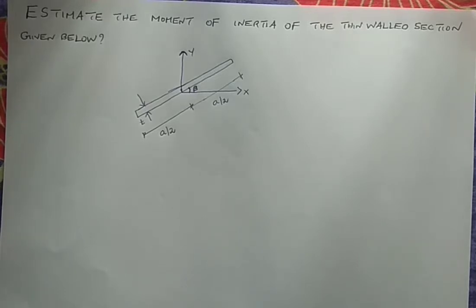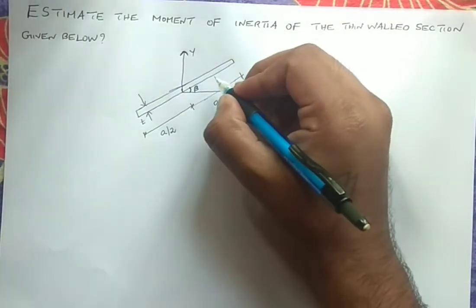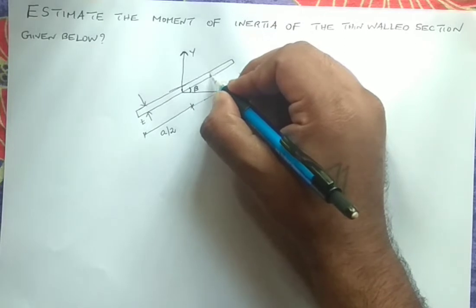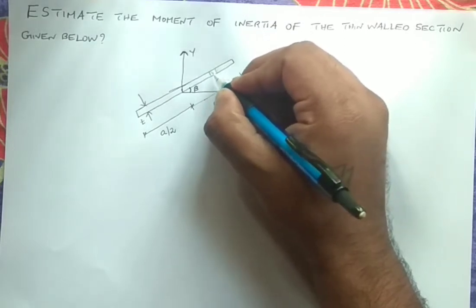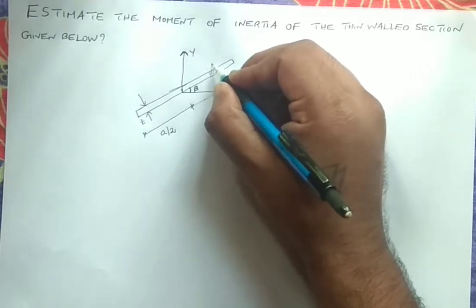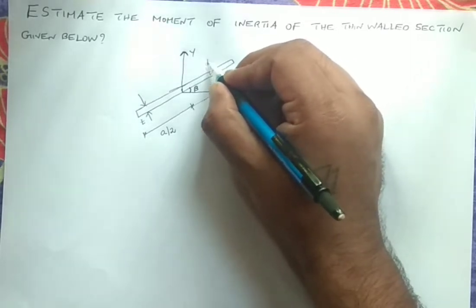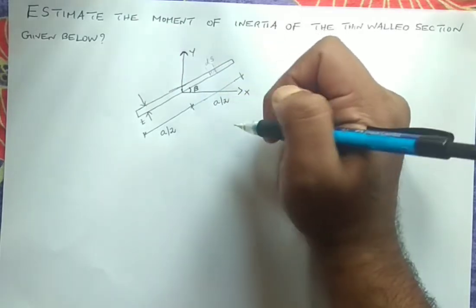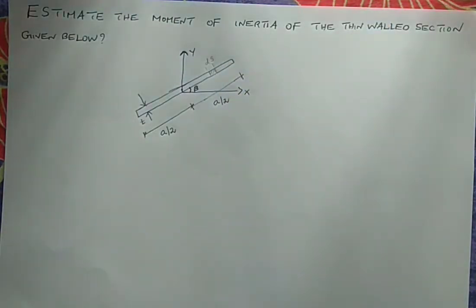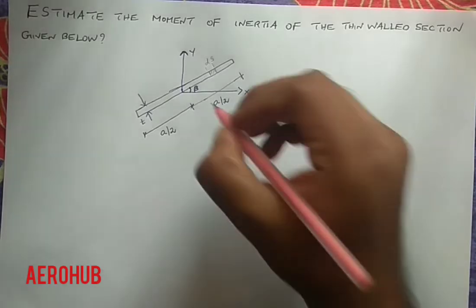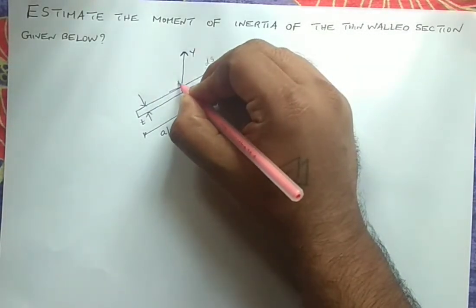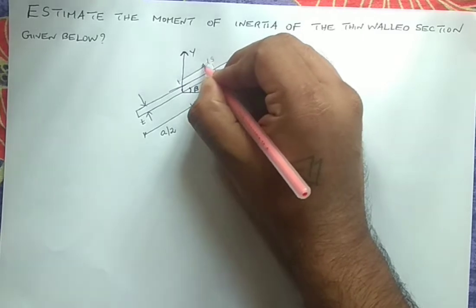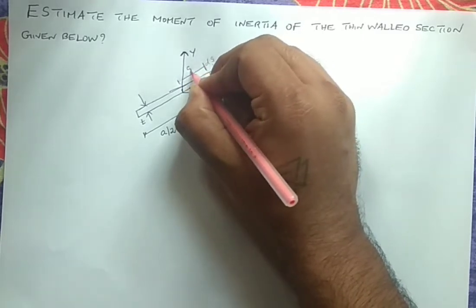For that, we have to consider a small element here. I am drawing it now. Consider a small element ds, which is at a distance s from the center of the section.